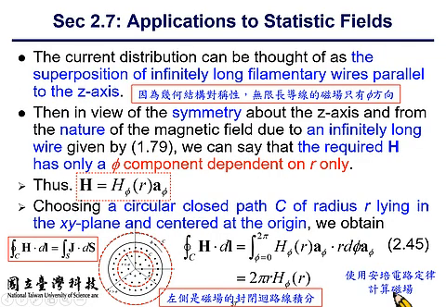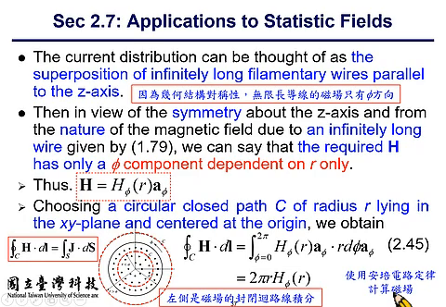Again, due to the symmetry of the problem, because the current is flowing in this direction, based on the right-hand rule of Ampere, the magnetic field is flowing in the phi direction for this geometry.